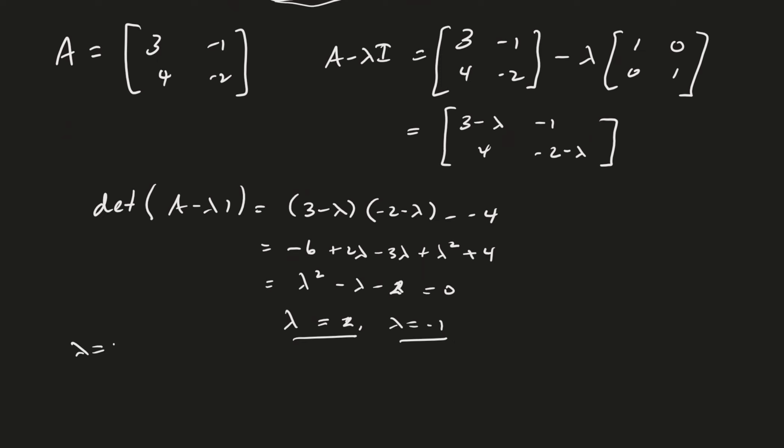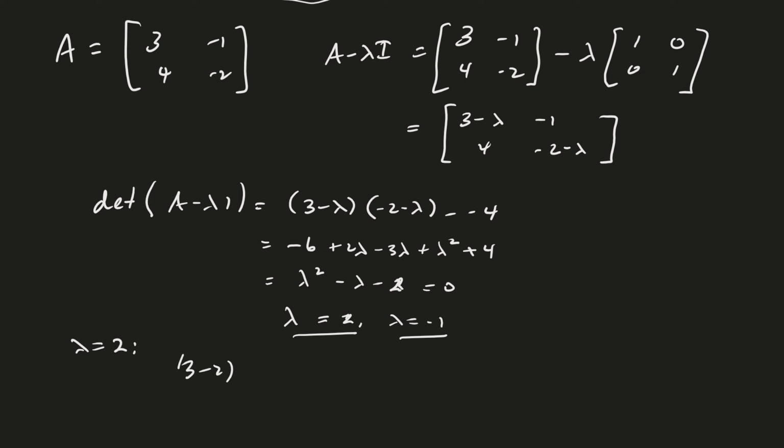So for lambda equals 2, for example, we'll take a look at our 3 minus 2 v1 minus v2 equals 0, and then we have 4 v1 plus 2 minus, my notation is going to get messy here.